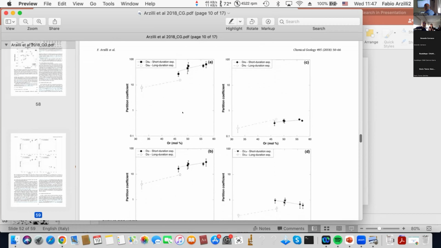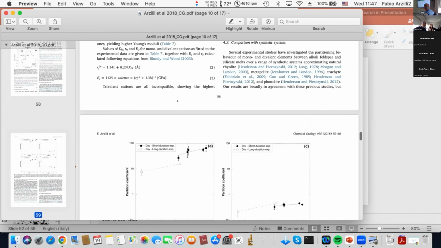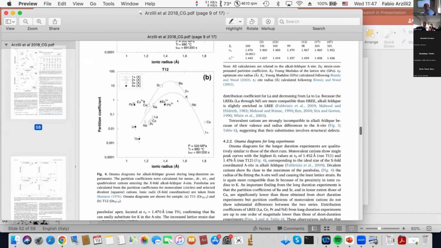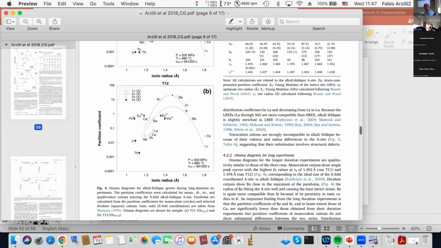Particularly barium, if you see from the structure, you can see that barium is one of the incompatible trace elements that in some way can enter easily into the structure. For that reason, it is in the coordination 12 site, so barium can be in the site of potassium, so there can be substitution.